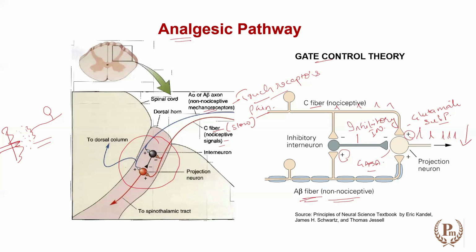So the magnitude of the action potential traveling along this projection neuron has been reduced, and the person feels less pain. That is the theory behind this. Since it is gating the number of volleys of action potential which have to go through the projection neuron, it is termed the gate control theory.